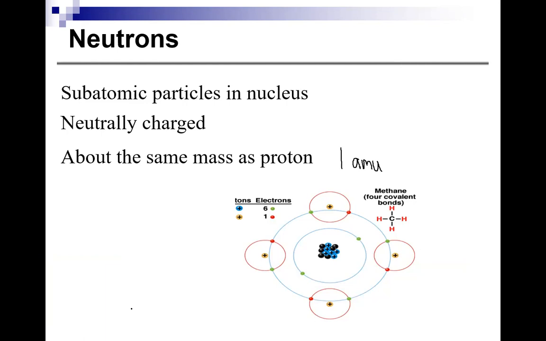Neutrons, think neutral. They do not have a positive or a negative charge. So protons and neutrons both reside in the nucleus. Protons are positively charged. Neutrons have no charge. They both have approximately the same mass, which is 1 atomic mass unit. Here in our atom of carbon, we can see protons and neutrons in that central nucleus, and our electrons orbiting around the nucleus.